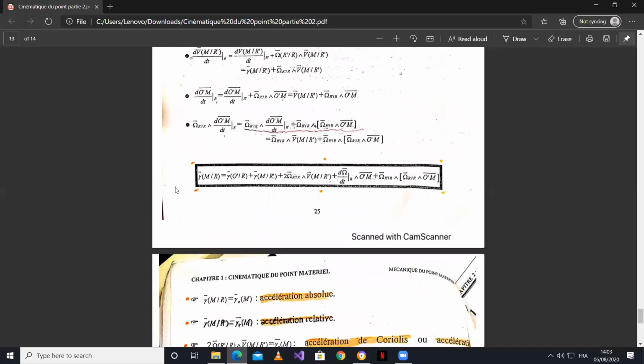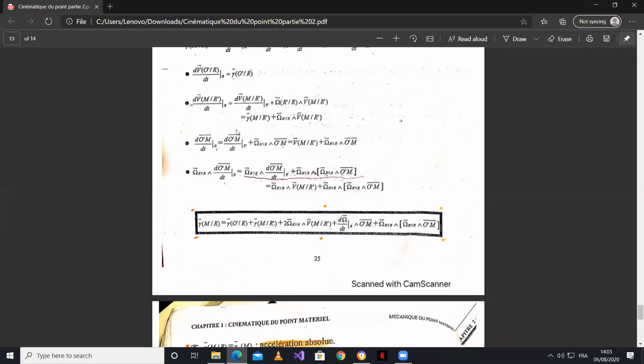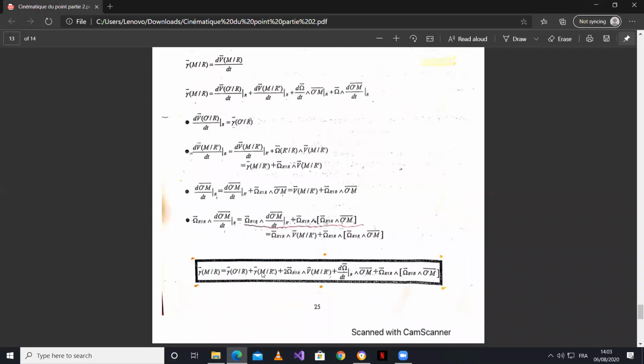we'll have our final expression for the acceleration. It's a bit longer. We'll have this one, gamma de O prime dans R, which we got here, plus gamma de M dans R prime, which was this one here, plus 2 omega vectoriel V, because we have omega vectoriel V de M dans R prime, and we also have omega vectoriel V de M dans R prime.